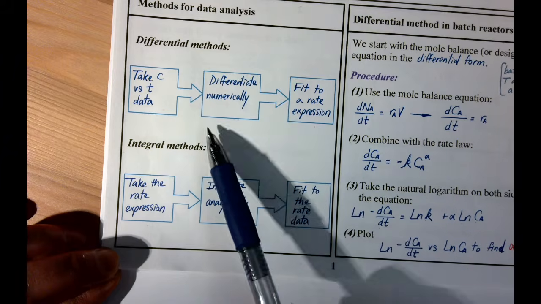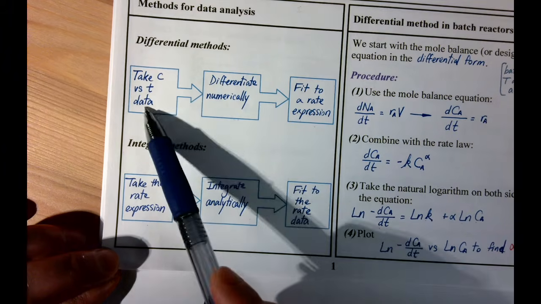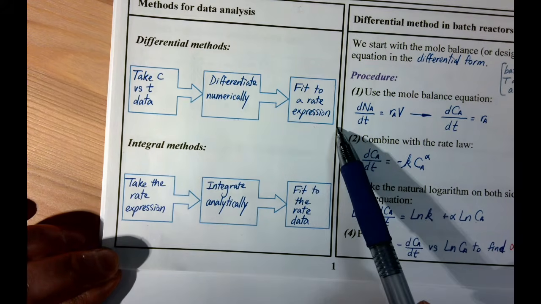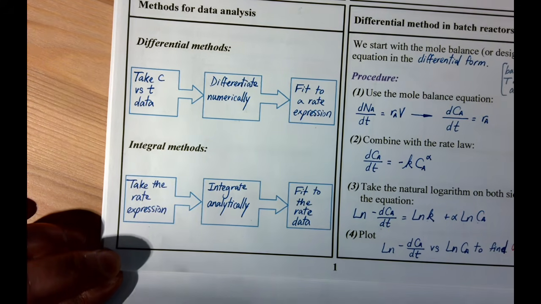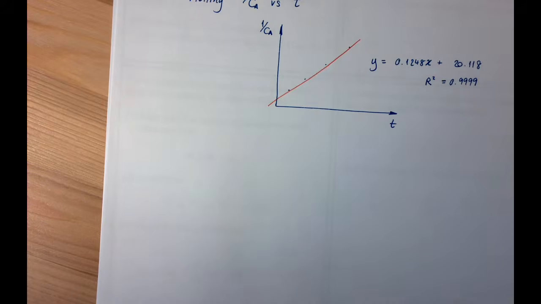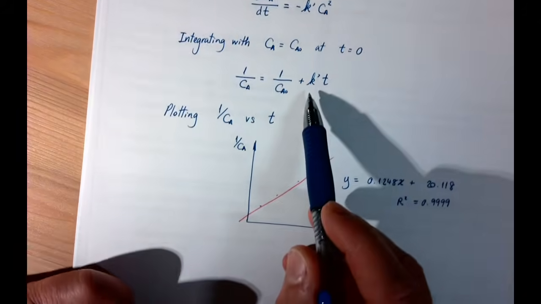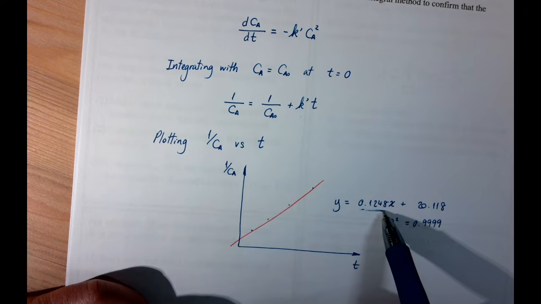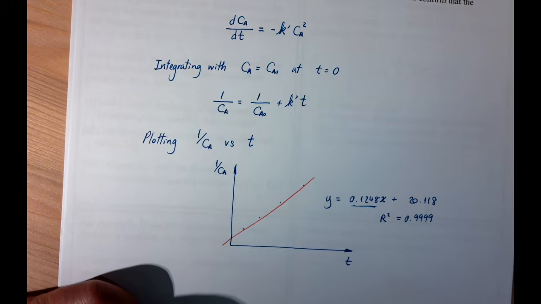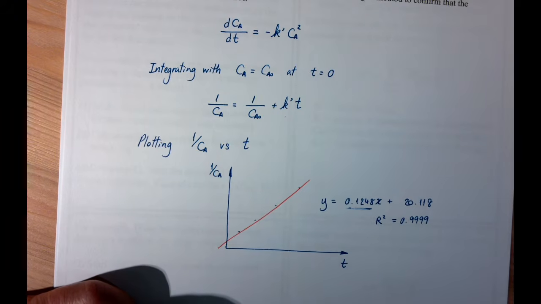So two very different methods following a different path, but at the end serving for the same purpose, which is to determine the rate law for a reaction. And by the way, the K prime that you obtain over here, 0.1248, is very similar to the K prime that you found in the previous differential method, which was around 0.123.